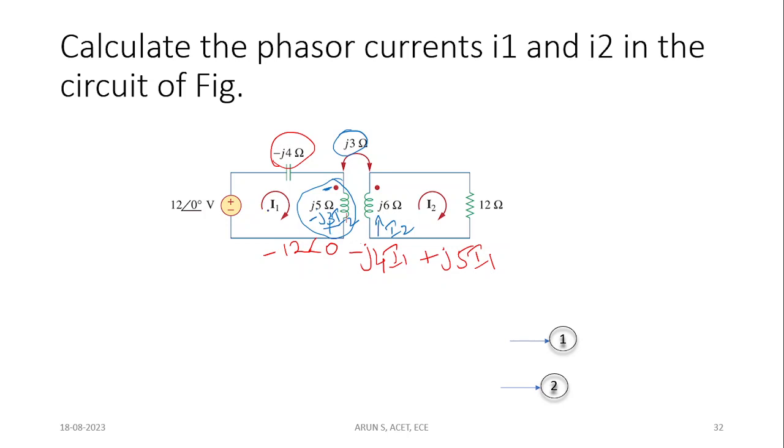Now check the current direction I1: the current is entering negative and leaving positive, which means it is not obeying the passive sign convention. So I need to write minus, and then we have J3 multiplied by I2, equal to 0.